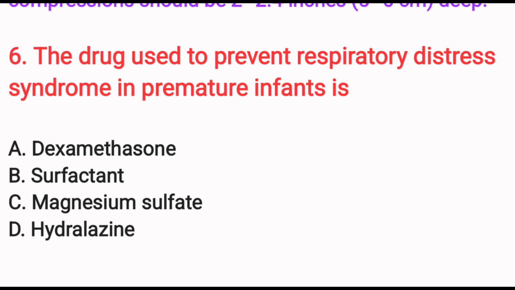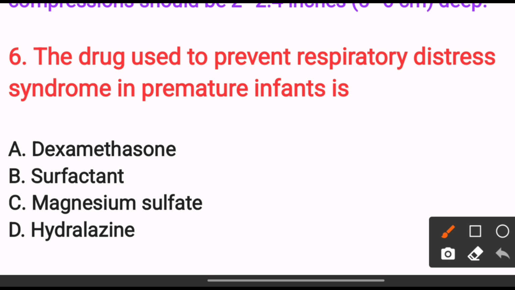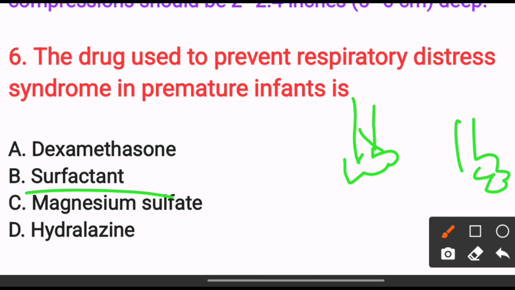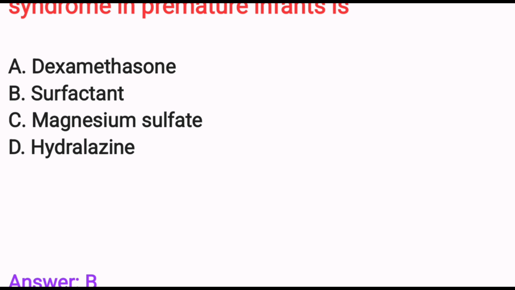The answer is option B, surfactant, because surfactant therapy reduces the alveolar surface tension and prevents the collapse of the alveoli. So the answer is option B.